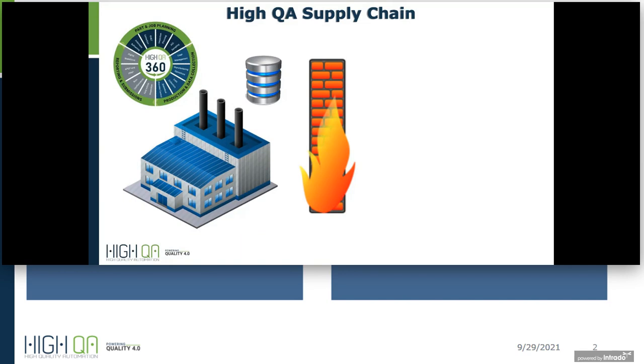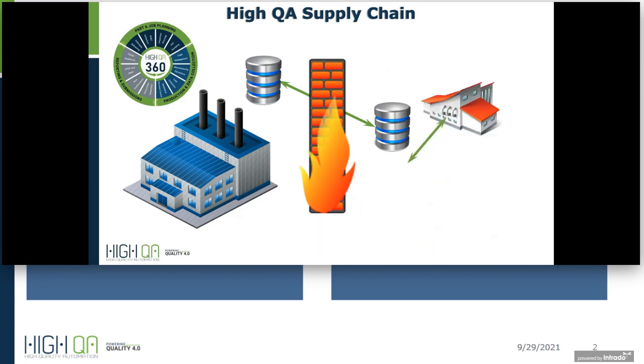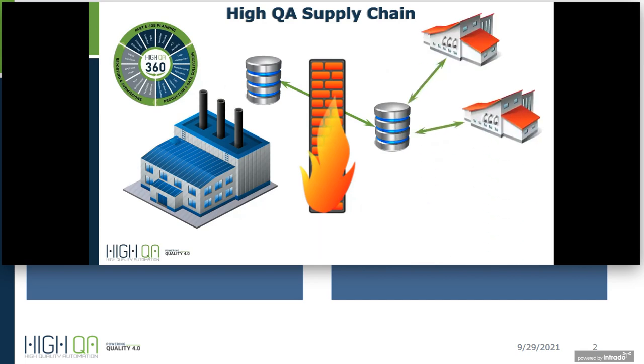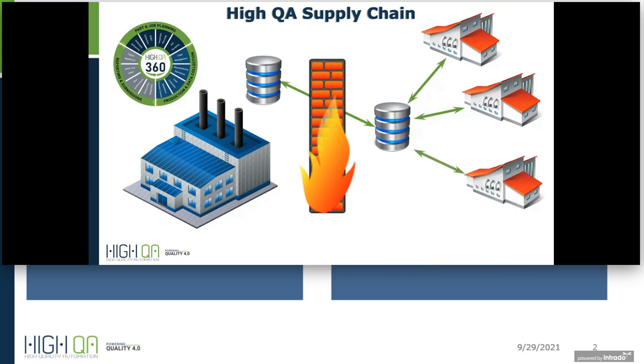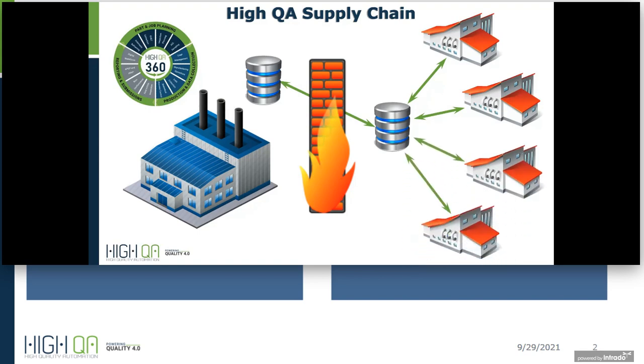But now you can automatically send and receive data with your suppliers through an outside secure server with HiQA PQP supply chain. Imagine submission packages coming in from your suppliers in a consistent and comprehensive manner on your templates and in your formats.